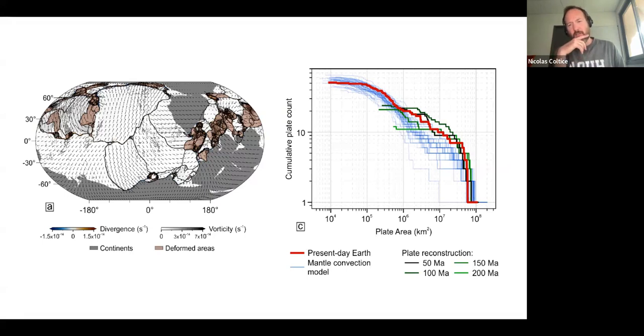On the right, you can see in red the present-day Earth plate size distribution, and the curves in blue are those of the model. There is a relationship between the plate area and the number of plates that you have in the model. This distribution, we have ways to understand them. They are sort of power laws.